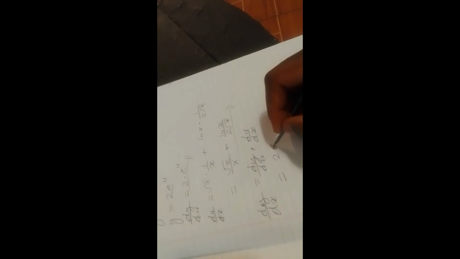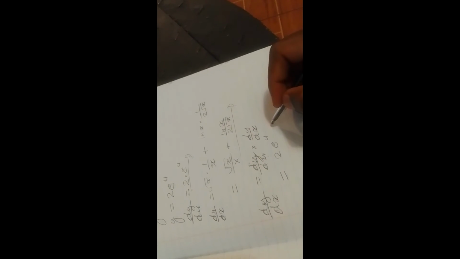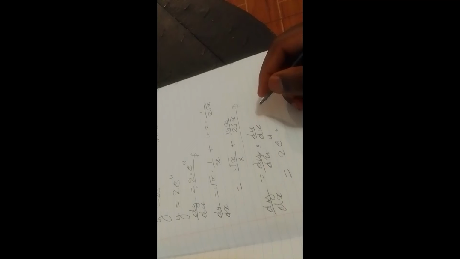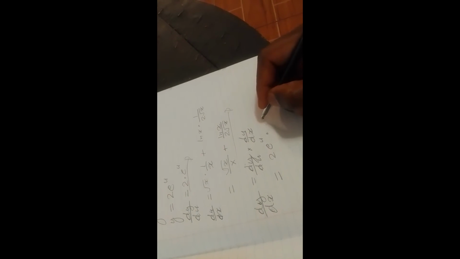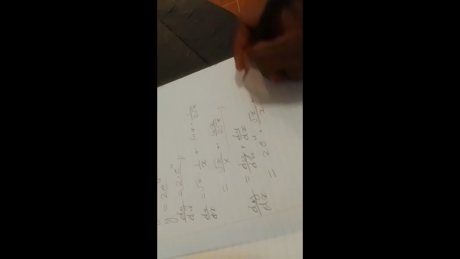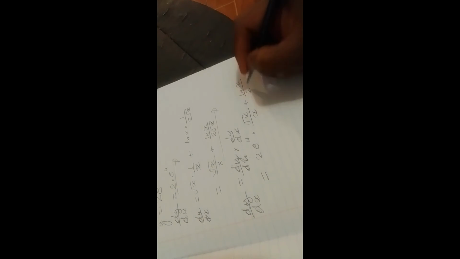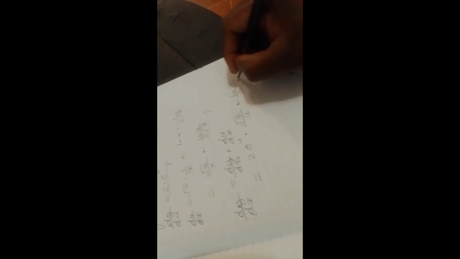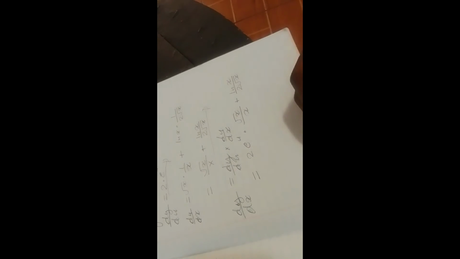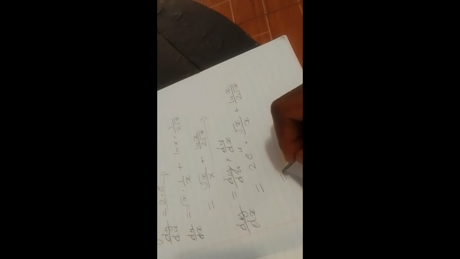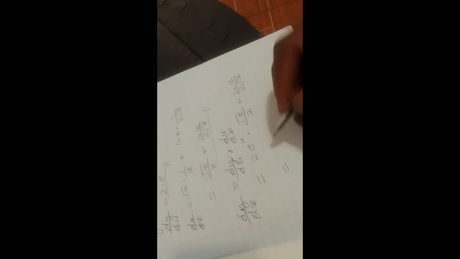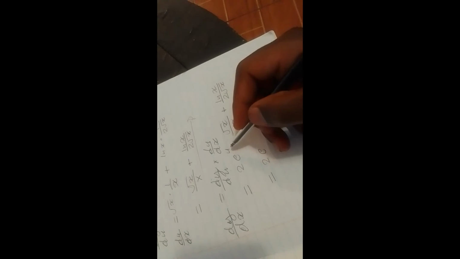So let's substitute. It's 2 e to the power u times root x over x plus ln x over 2 root x, and then it is equal to 2 e. Then you substitute back with the u.